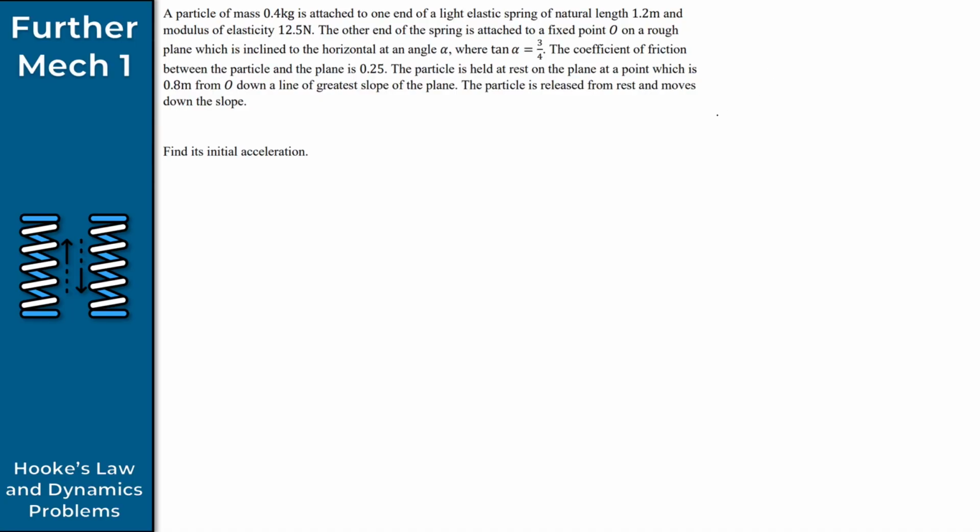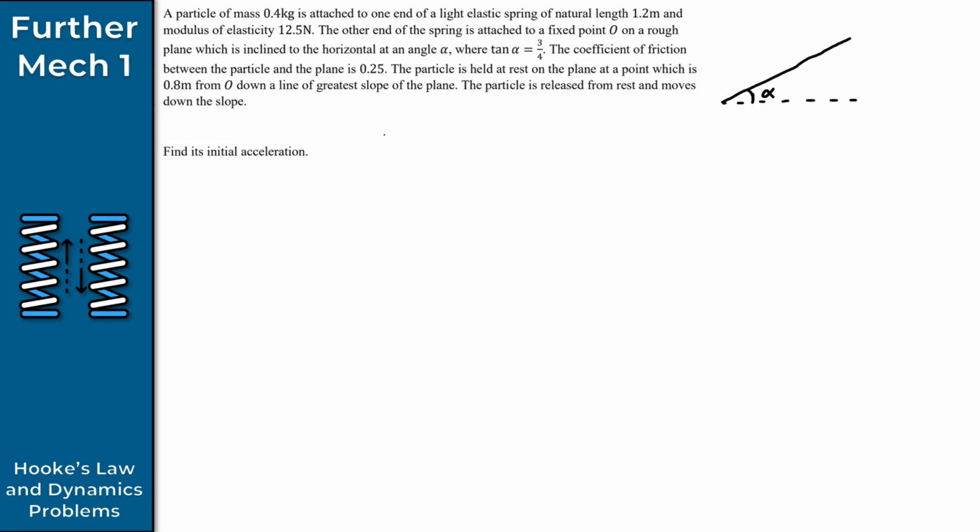Let's begin by drawing the inclined plane. We'll say something like this. Clearly, this should be a straight line, but it doesn't matter too much. We have the horizontal, like so. We've got our angle of inclination, which is given as alpha. What else have we got? We've got the particle.